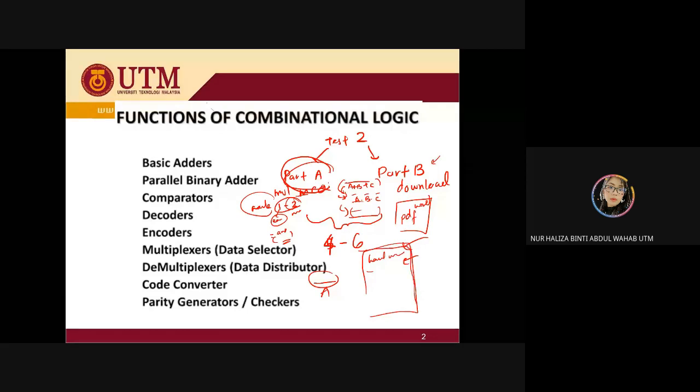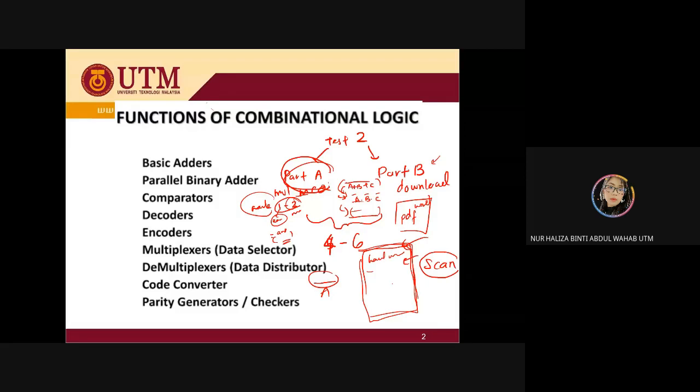After you're done with that, you need to scan your answer script. If you don't have a scanner, that is why you need to download CamScanner or a similar application onto your mobile phone, because it's much clearer than just using a normal camera, which I think gives JPEG.